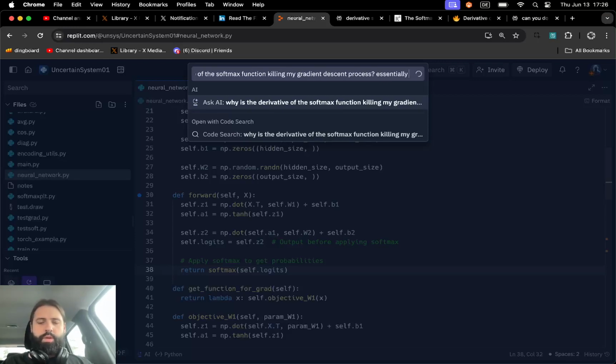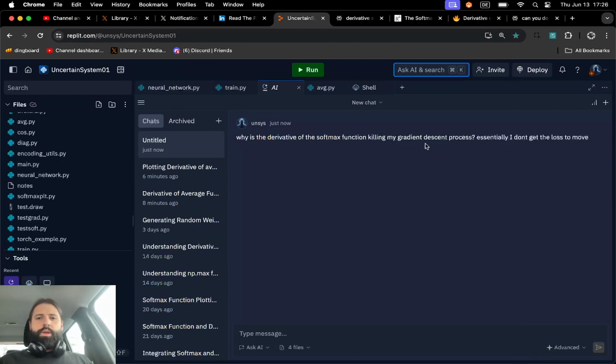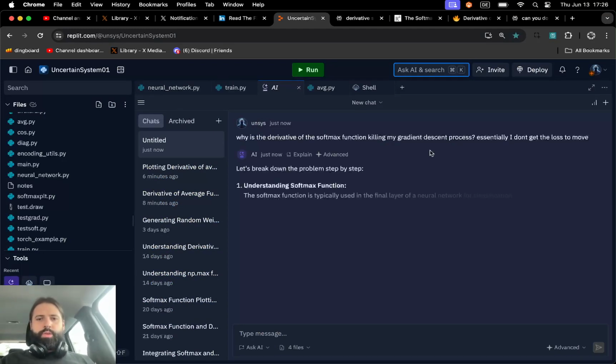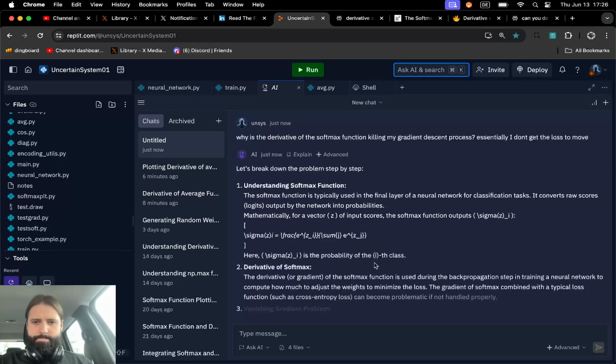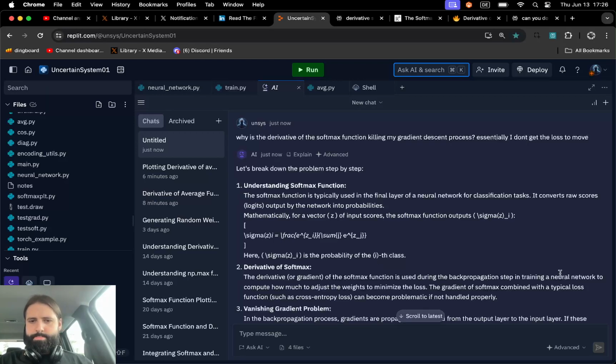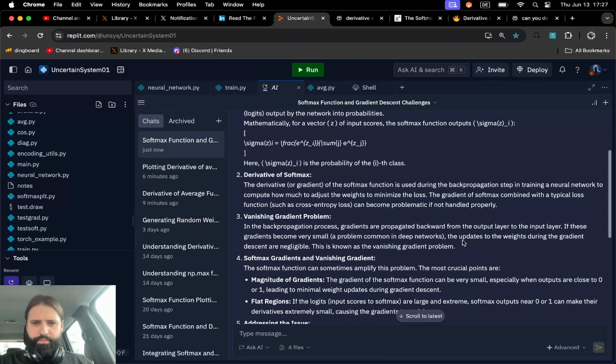Essentially, I don't get the loss to move. You know what I mean? I don't really propagate it backwards on the output layer.